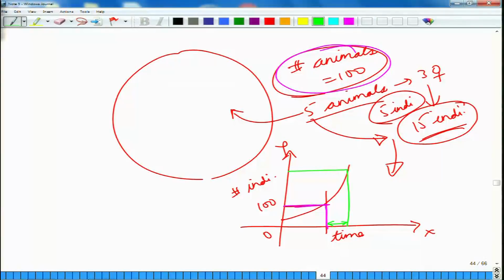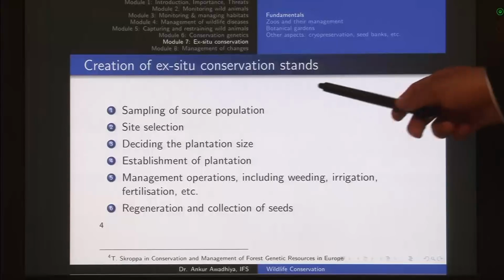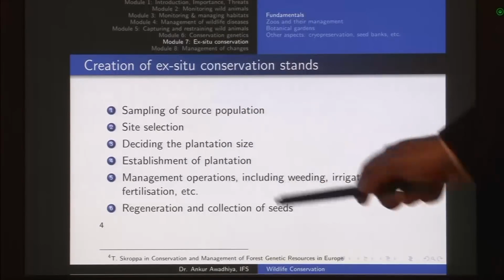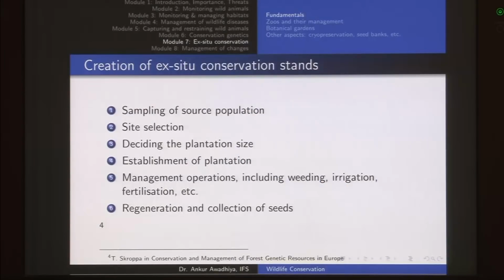Similarly, when we are talking about ex situ conservation for plant species, we need to decide on the plantation size. How many individuals do we want to keep in our facility, and when we are trying to increase their numbers, do we have sufficient space for any of the new offspring that come up? So we need to decide on the plantation size.